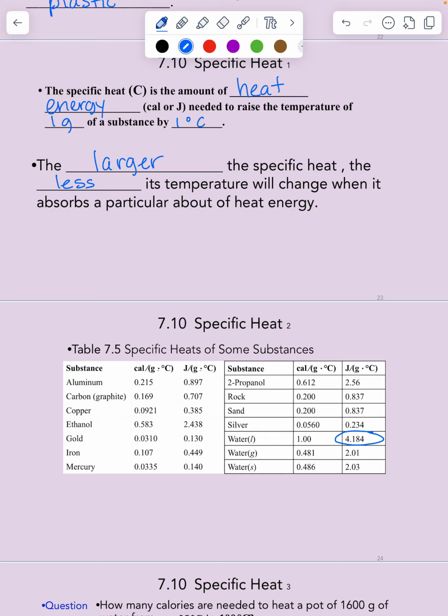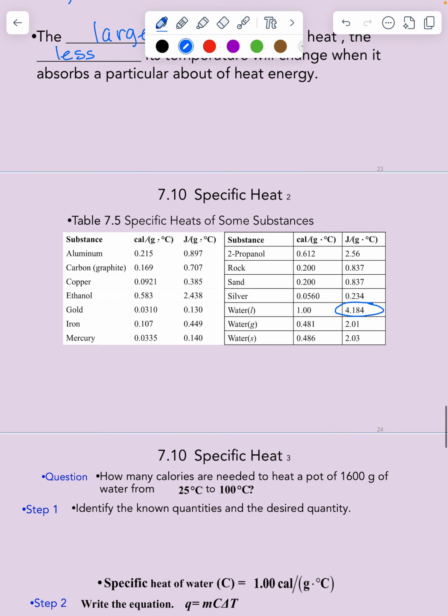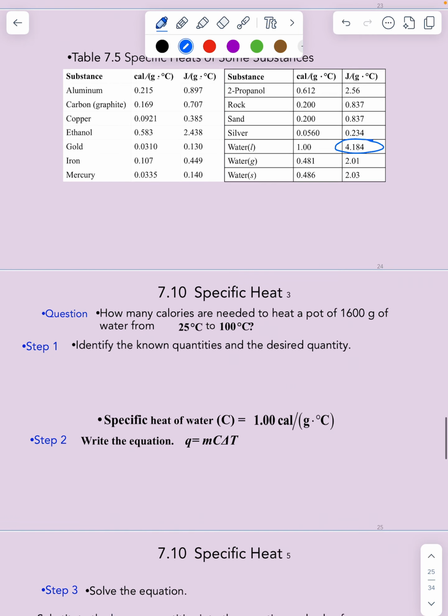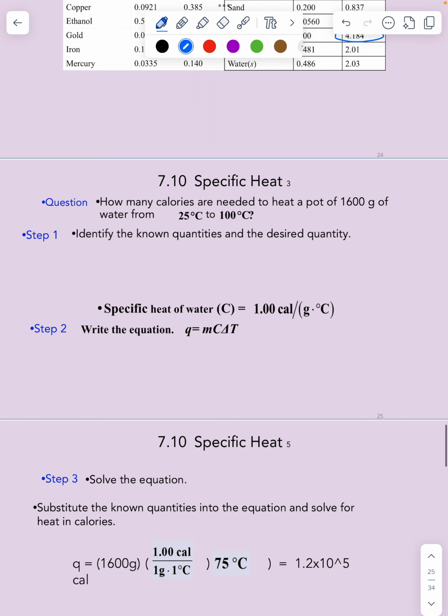We can use this idea of specific heat to do some calculations, and so you might see a question like this. It says, how many calories, energy is measured in calories, are needed to heat a pot of 1,600 grams of water from 25 degrees to 100 degrees. We want to first start by identifying our knowns and our unknown, what it wants us to solve for.